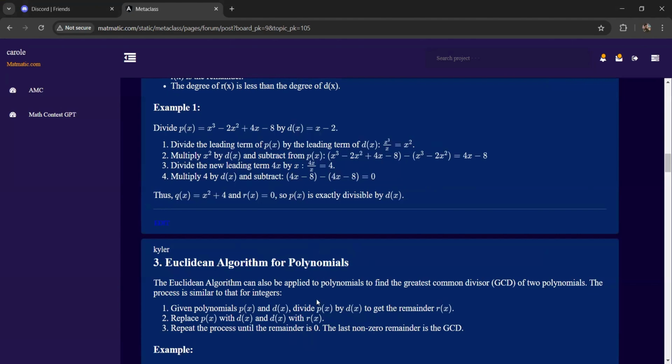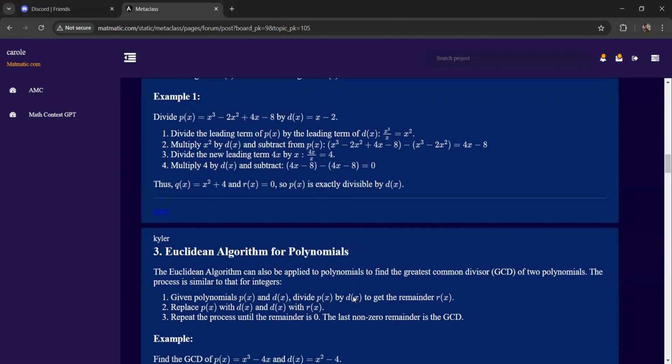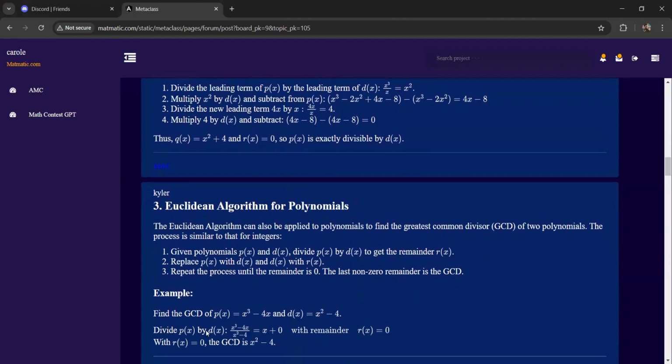We just divide p(x) by d(x) and get r(x), and then you replace p(x) with d(x) and d(x) with r(x), and then you just repeat the process until the remainder is 0. Just like the Euclidean algorithm for integers. So here we have a simple example.